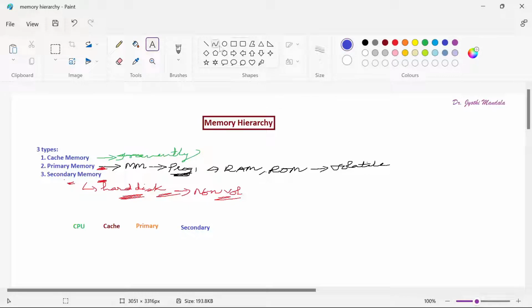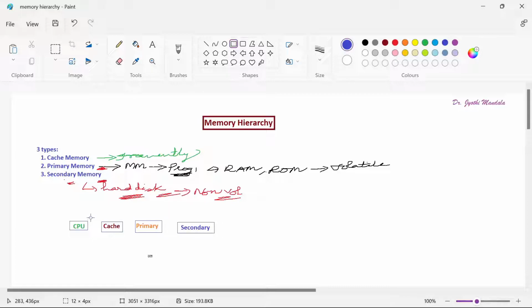That means you will have a CPU, then a cache memory, then a primary memory, and then a secondary memory.